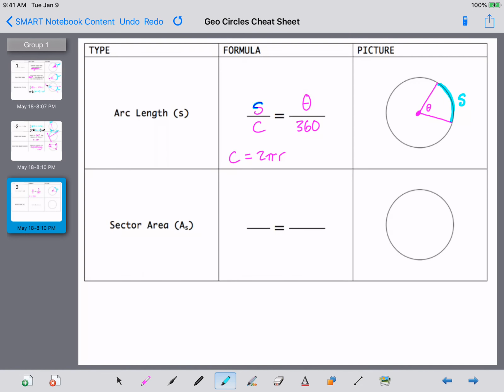That's the S that we're trying to find. Usually we're solving for the arc length, so you fill in your circumference. Just to remind yourself, the radius to calculate that circumference is there. So you take 2 pi r, fill that in for C, fill in your angle for theta, and then you can cross multiply to solve for S.